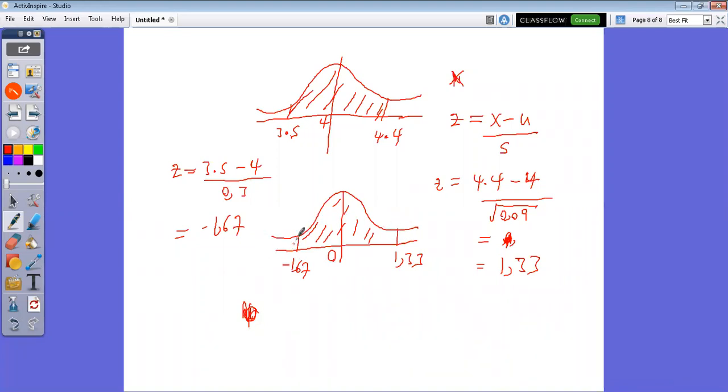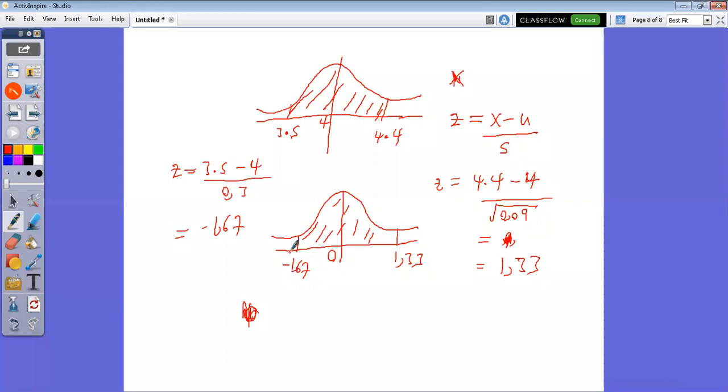But remember, I need to take away this small area. It makes sense, because this area here is greater than that area. I'm working the greater than, so the greater than of this area is this all the way. But I have to subtract that. I hope it makes sense there.